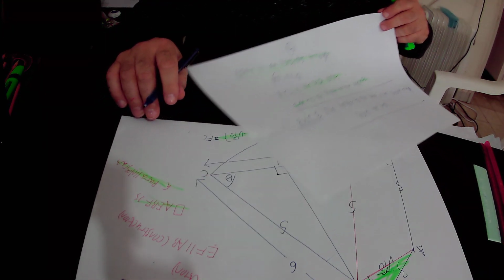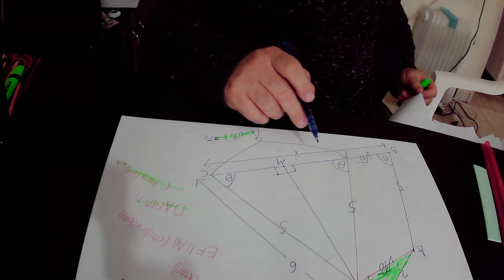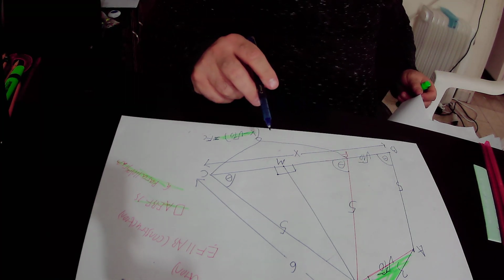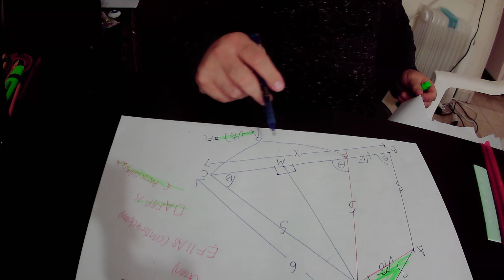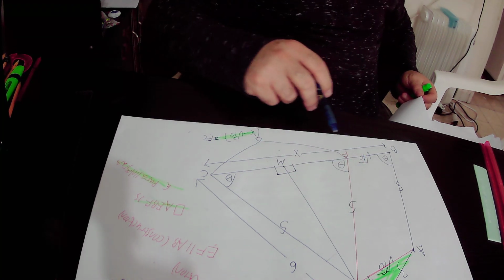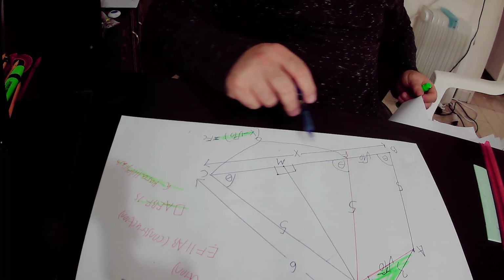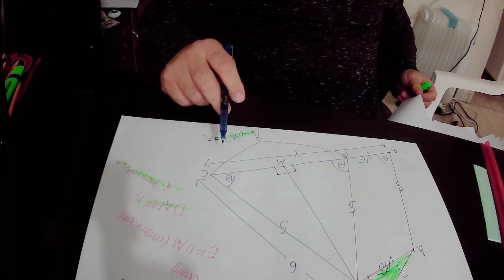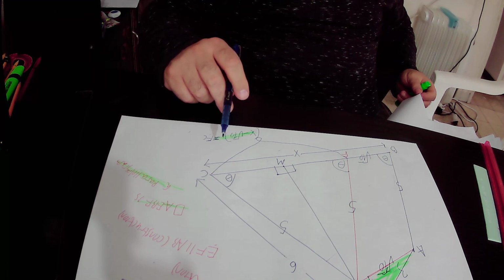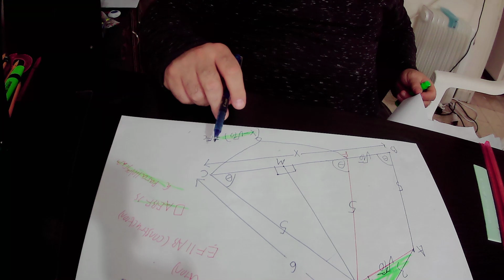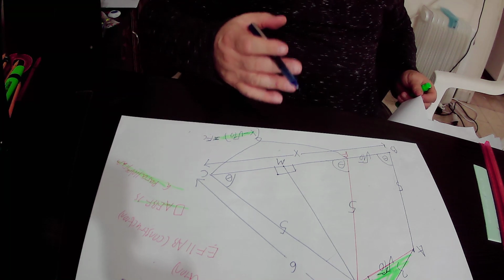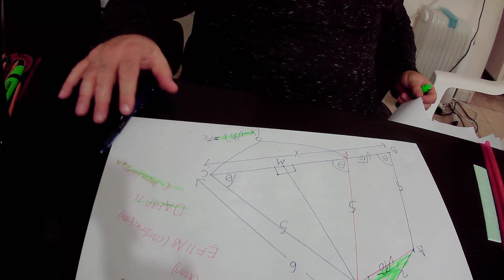So here, if you focus on the isosceles triangle EFC, according to rule number 5, the height EM to the base FC bisects the base FC. What does it mean that it bisects the base FC? It means that it divides it into 2 equal parts.